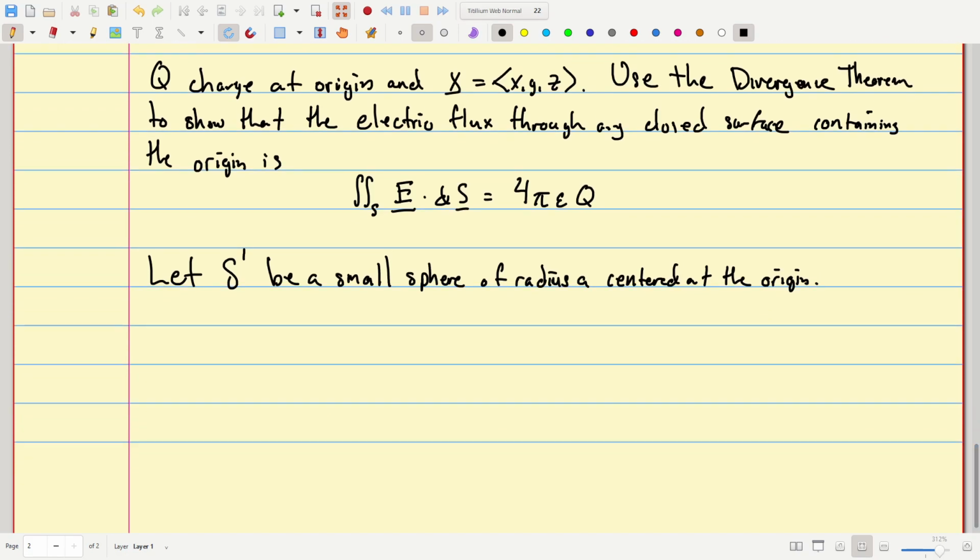Now, the reason we make this change is because this is something that we can say something about. And so we can say that the integral over S is equal to the integral over S prime plus this divergence.